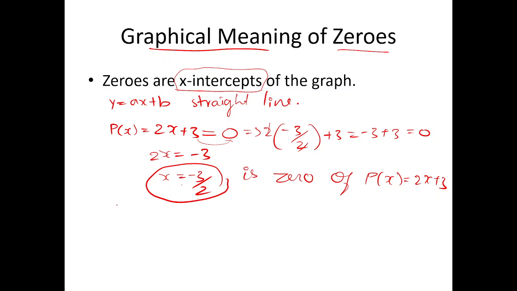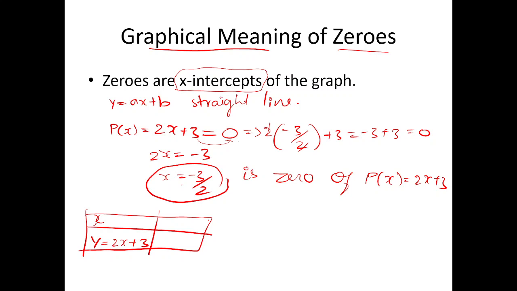When we come to it graphically, let me make a table, x here, y here. Y is 2x plus 3, right? When I take x as minus 2, substitute the value of x as minus 2 in this, we get 2x plus 3 equal to 2 into minus 2 plus 3, which is equal to minus 4 plus 3, which is equal to minus 1.